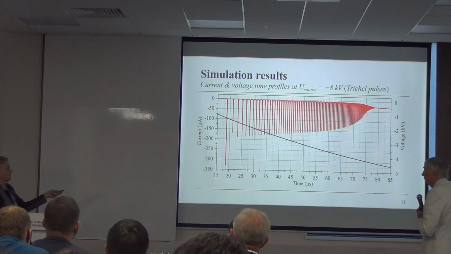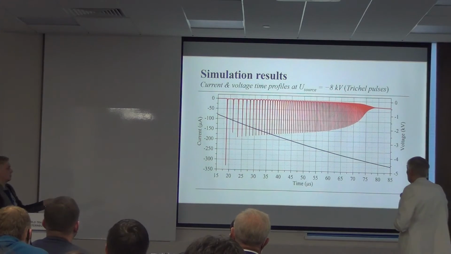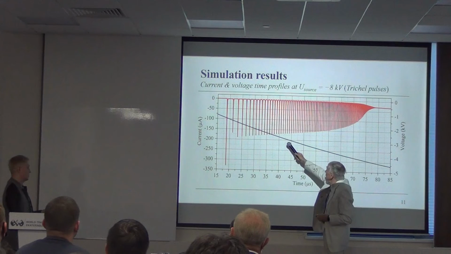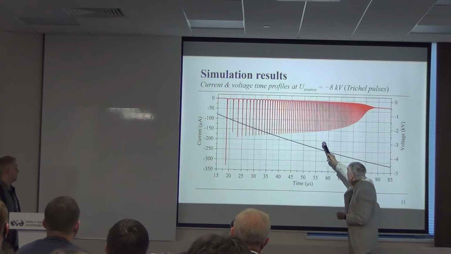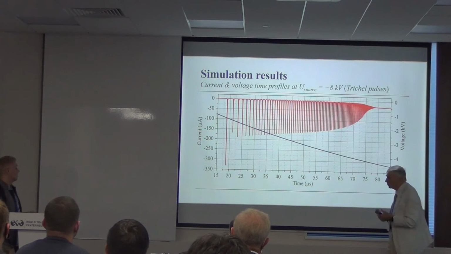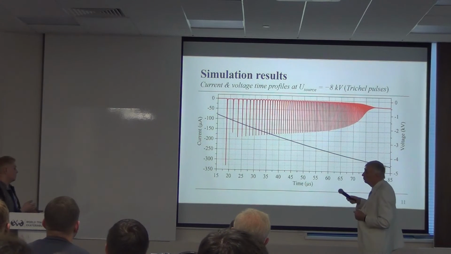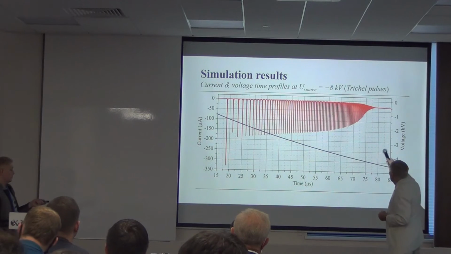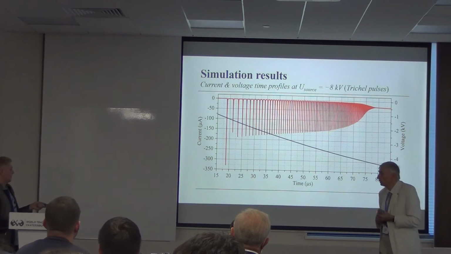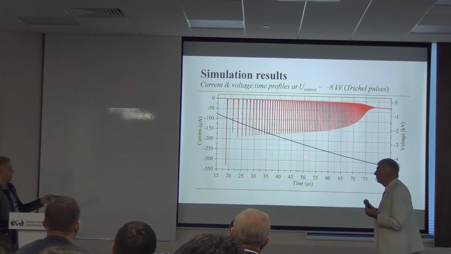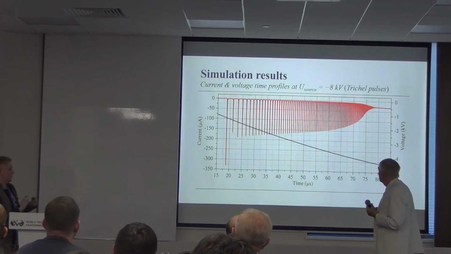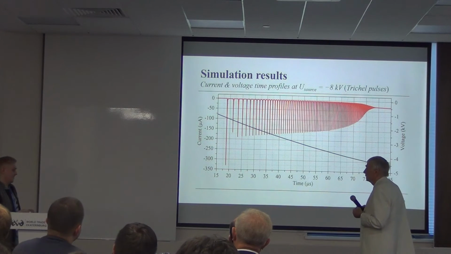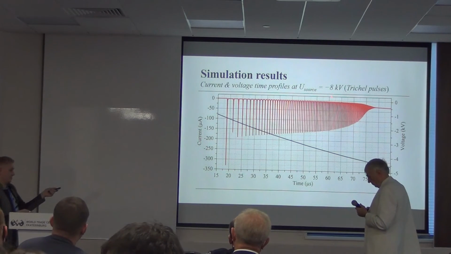In this case, the applied voltage is constant. The electric circuit has capacitance, so the voltage increases to this level and then becomes constant. The voltage increases because it has capacity, but the applied voltage is constant.